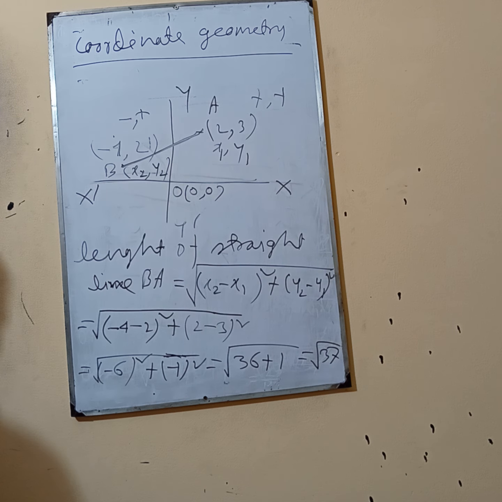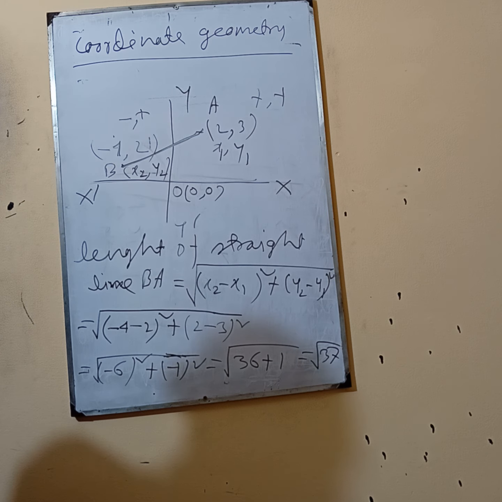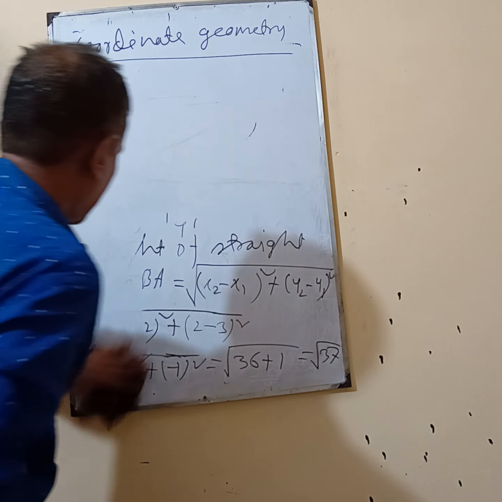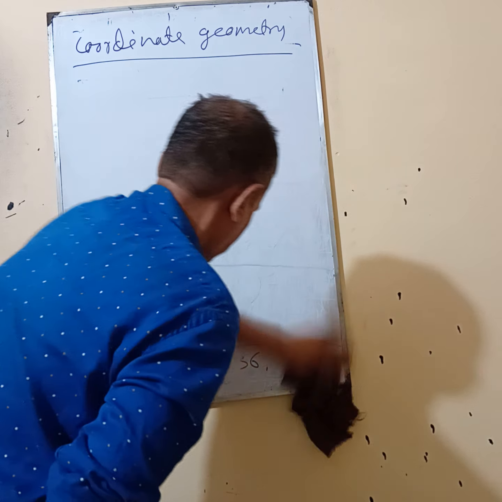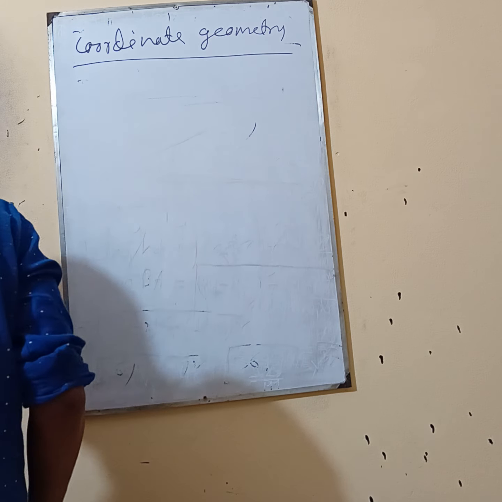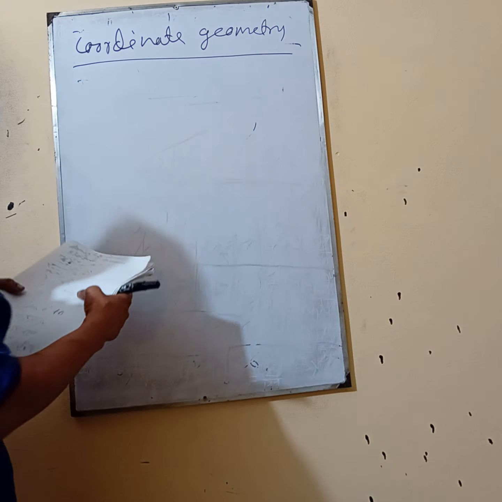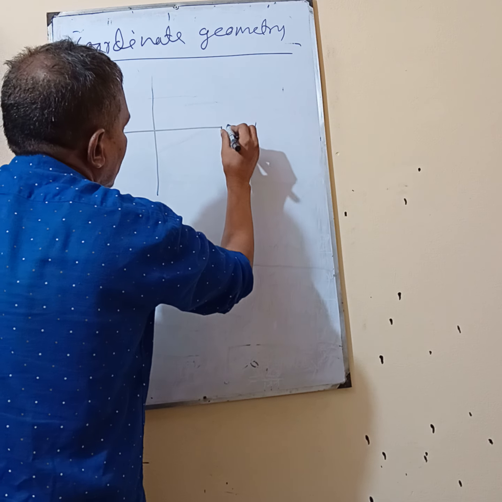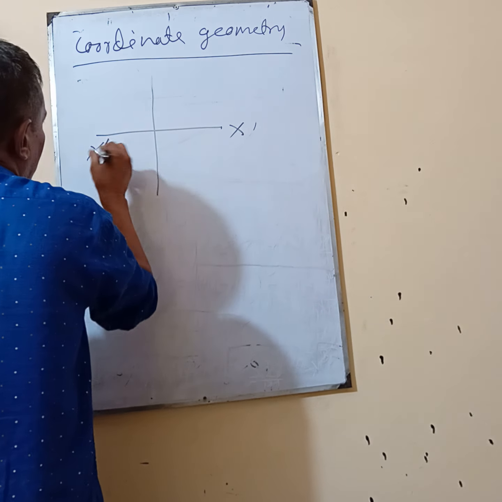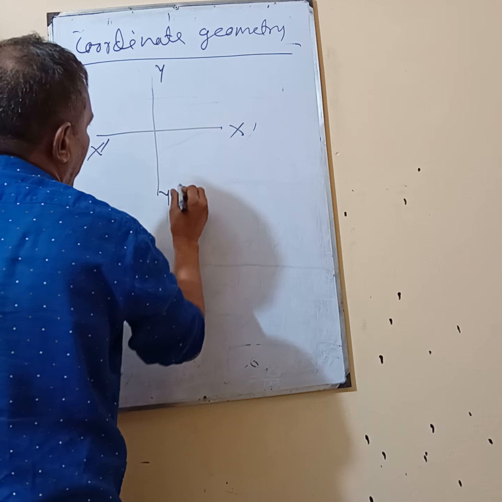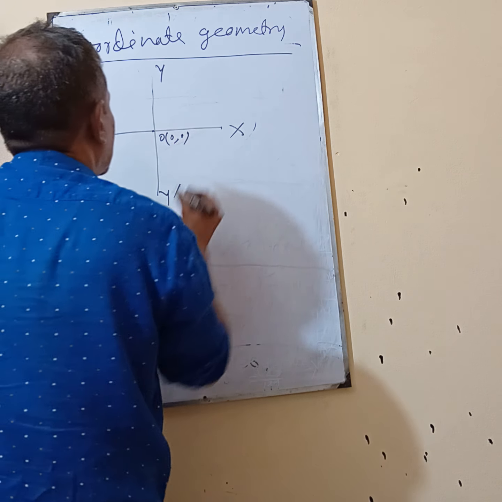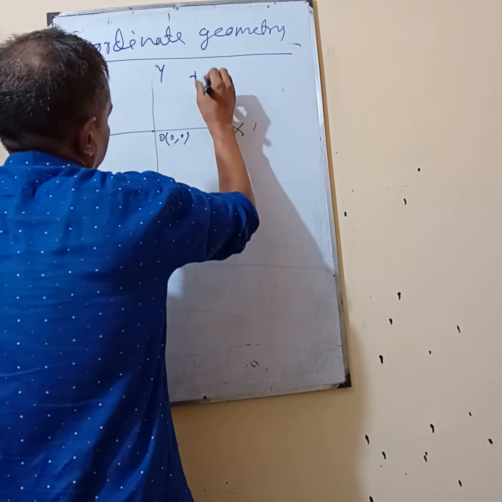So further I have to calculate another straight line length or distance. Suppose x hash, y hash, origin 0, 0. This quadrant plus.